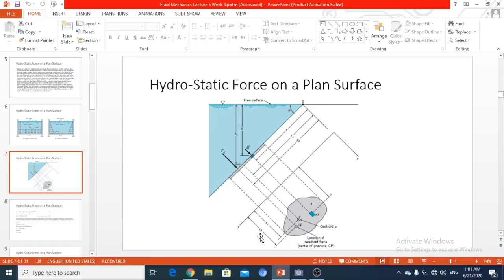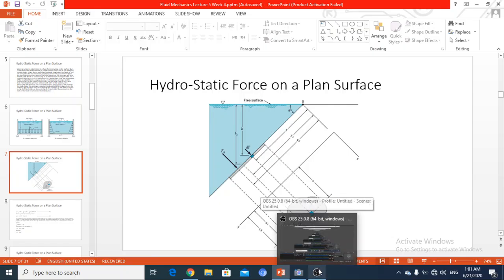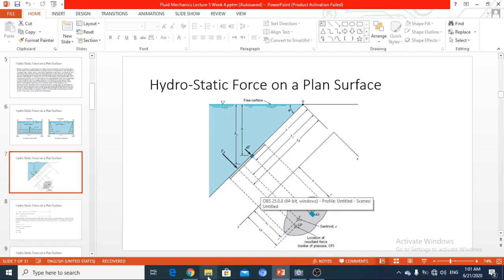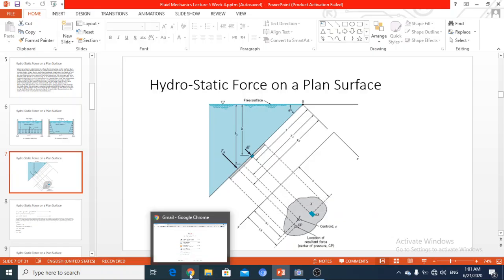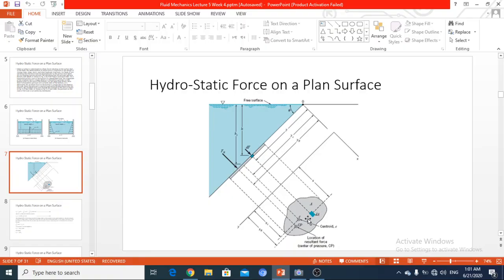So this is the whole diagram, and we can resolve it in the form of pressure and force. Definitely there is an influence of the area as well.